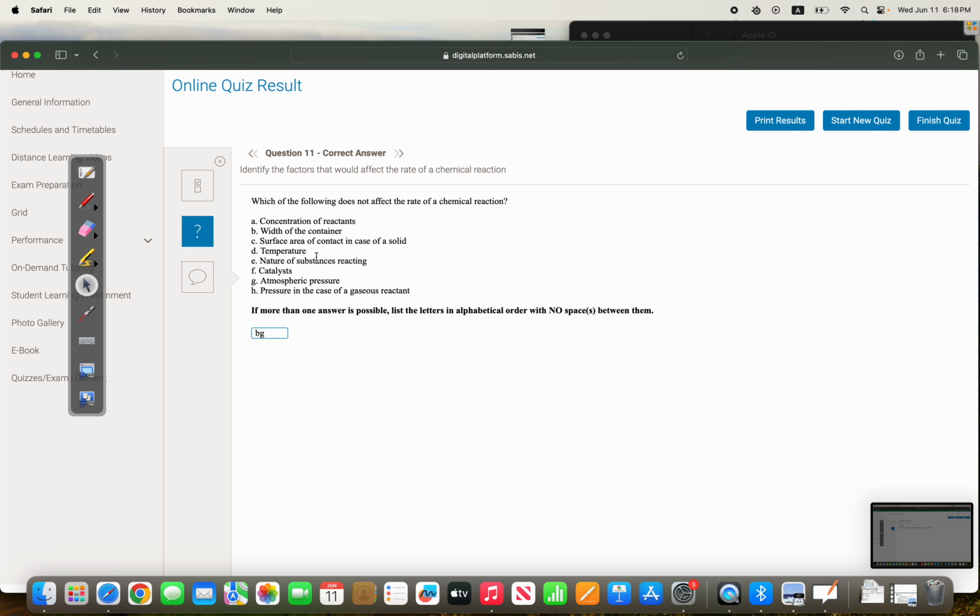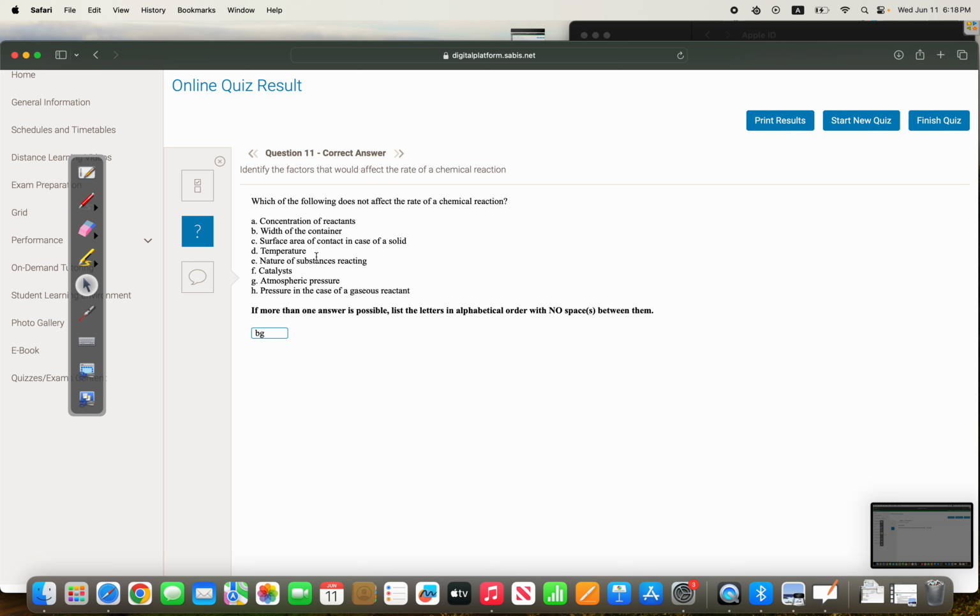The nature of the substances reacting depends on the reactants. Let's say it's a noble gas reacting with, let's say, argon and hydrogen, right? Argon is a noble gas, meaning it doesn't react, so it matters.